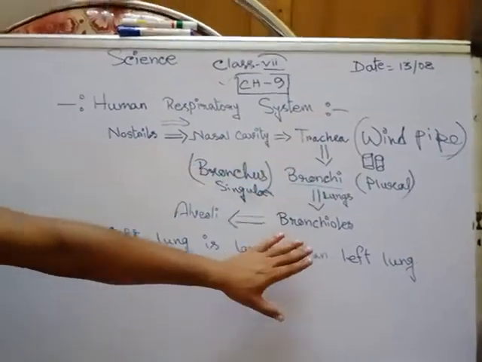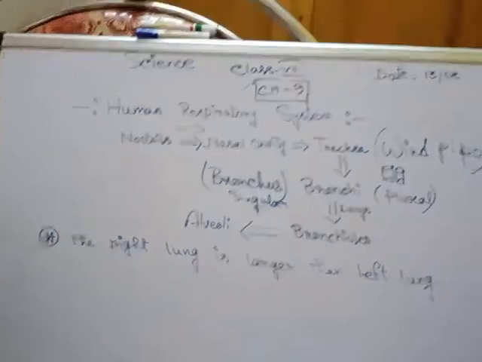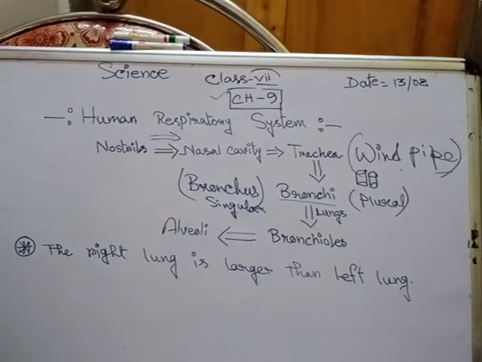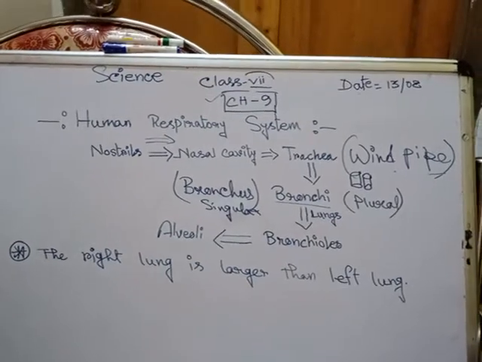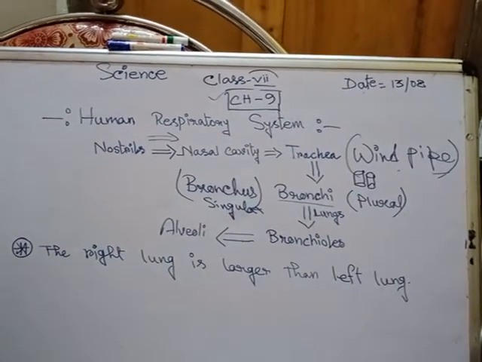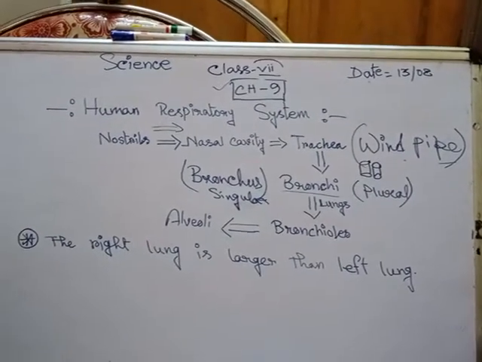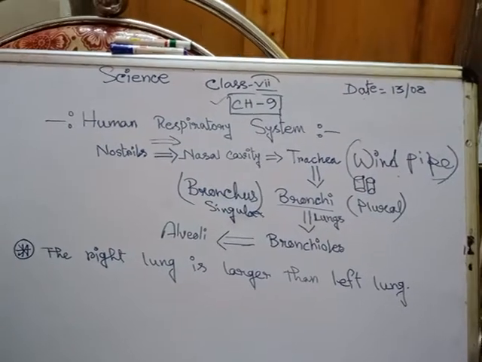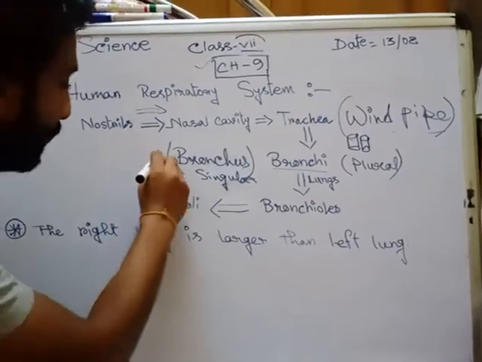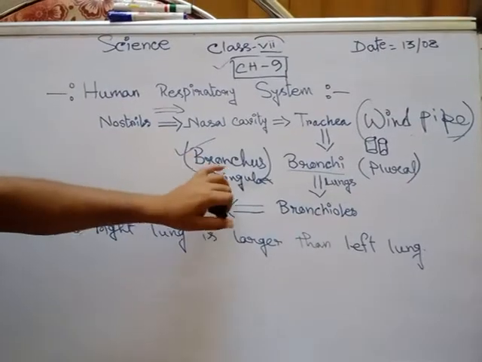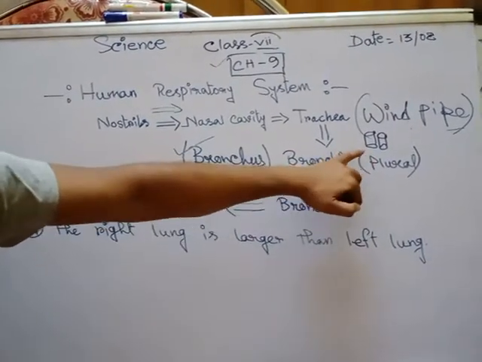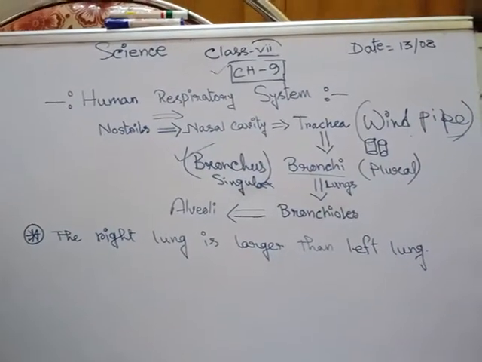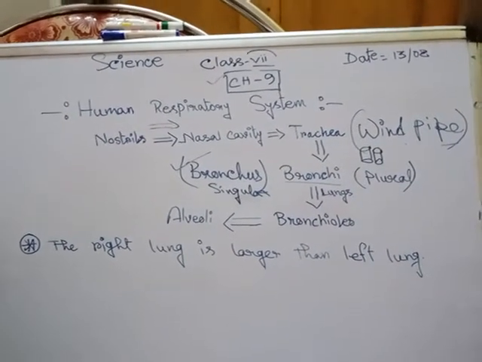They are called the bronchioles. What are bronchioles? Each bronchus is divided into a large number of small tubes. Do you understand? Each bronchus, that means one bronchus, is divided into a large number of small tubes.